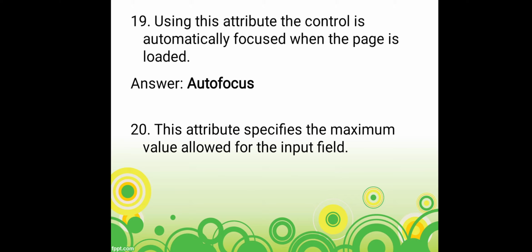Also many students have written autofocus in angular brackets. See students, autofocus is an attribute. Don't add angular brackets to anything whichever you feel like. Angular brackets are only for the tags. These attributes are added into the angular bracket only when there is a tag, right? Simply angular brackets cannot have an attribute.